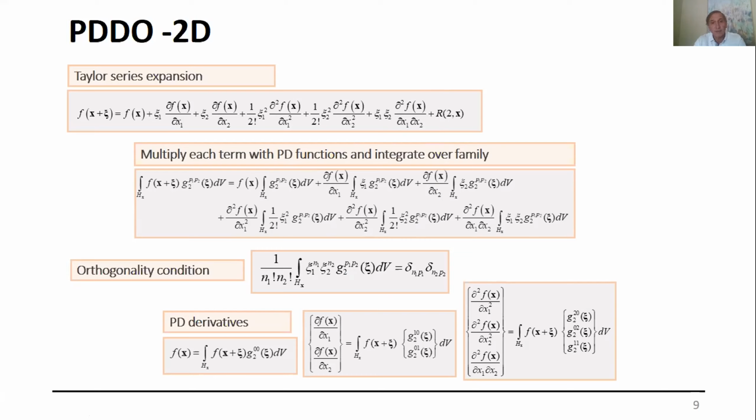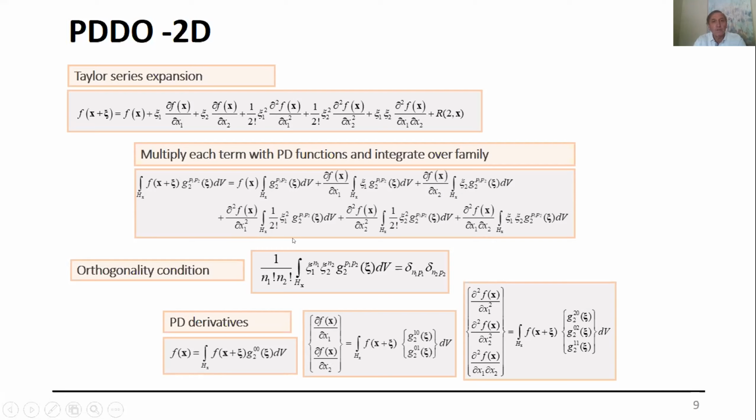Okay? For example, here, if you're interested in the first order derivative with respect to x1, you're going to have G210. With respect to x2, it's going to be G201. And here you have the second derivative with respect to x1, you have G220. And for the cross derivative, you're going to have G211. So what we do is after we multiply each term with the peridynamic function, then we say, okay, if I'm interested in only the second order derivative with respect to x1, then this is the term that I'm interested in.